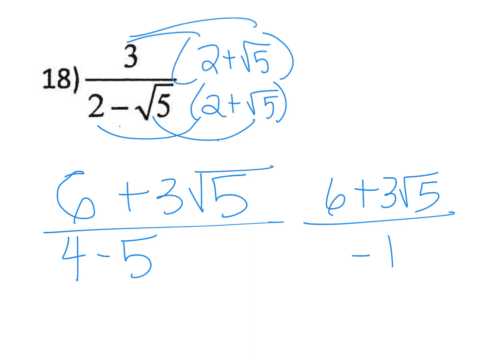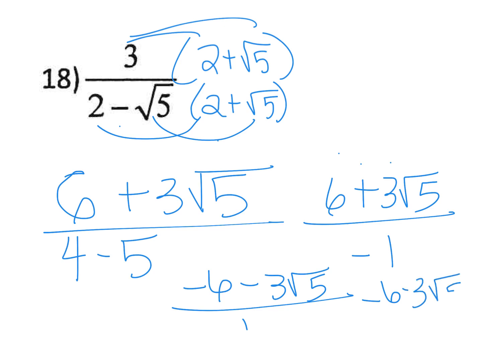So basically what that means is I'm going to go back and change all of the signs of everything. So this positive 6 becomes a negative 6. This positive 3 radical 5 becomes a negative 3 radical 5. And the bottom just becomes a positive 1. You can write it if you want to, but really what you're looking at is negative 6 minus 3 radical 5.